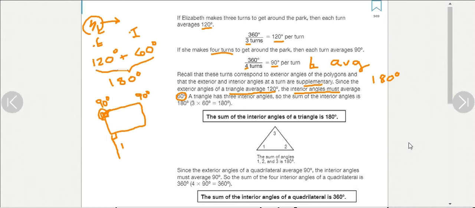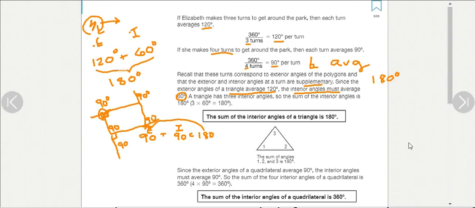This would still be 180. This would be 90 right here, and this would be 90 right here. So if I did that all the way around, you're going to see that these each average 90, which means the interior angle is going to be the same average, because they need to add up to 180 to make a straight line like this one.